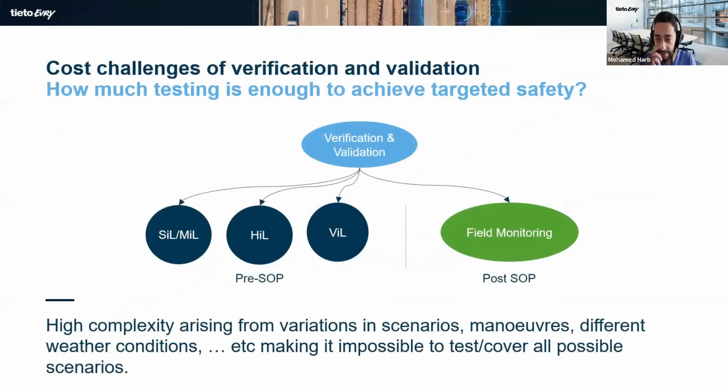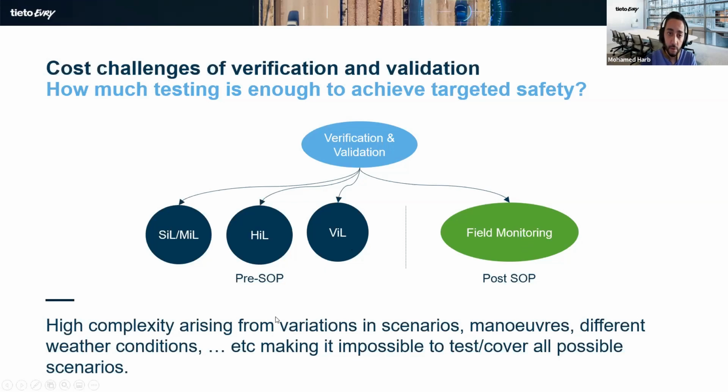Take an example of what we decomposed in safety, the verification and validation. In order to do verification and validation, we have to test. There are two phases: the pre-SOP and the post-SOP testing. For the pre-SOP, we need to test different environments like SIL and MIL, HIL, hardware in the loop, and vehicle in the loop, and also do field monitoring.